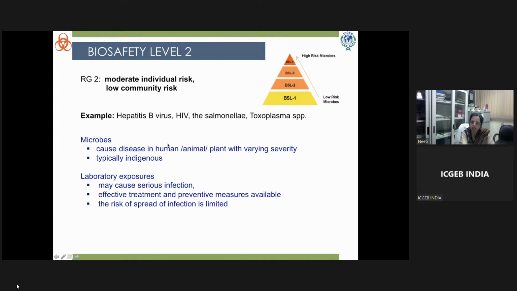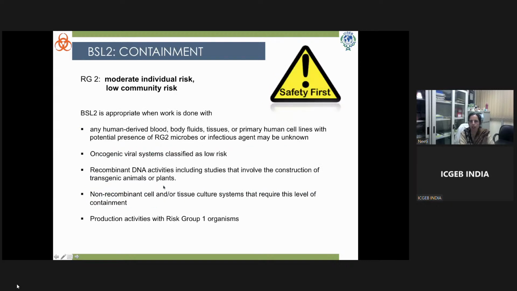Since these microbes do not spread but can cause serious infection, prevention is better than cure. So we need to have specific guidelines or safety precautions in place so that the risk of this infection can be minimized, if not removed altogether.